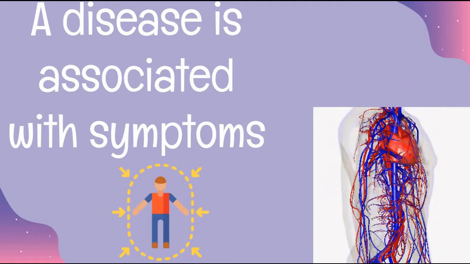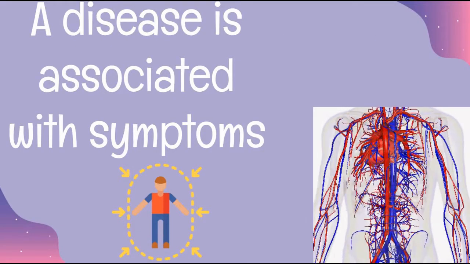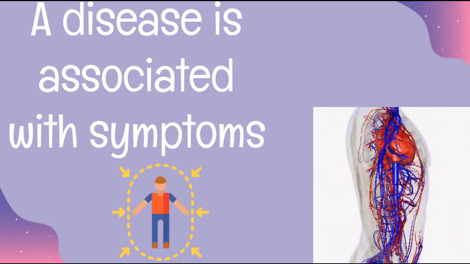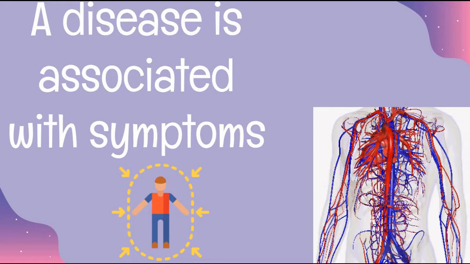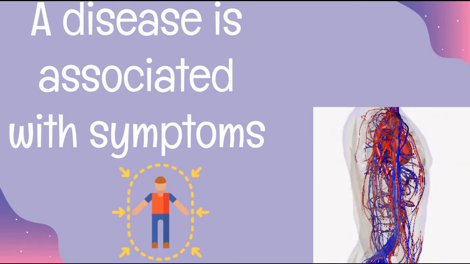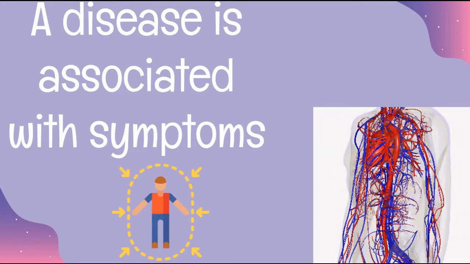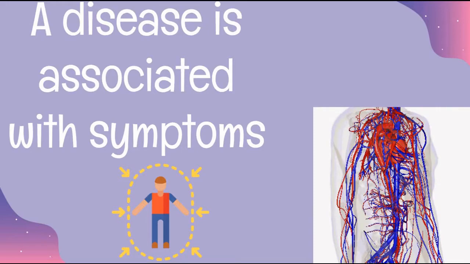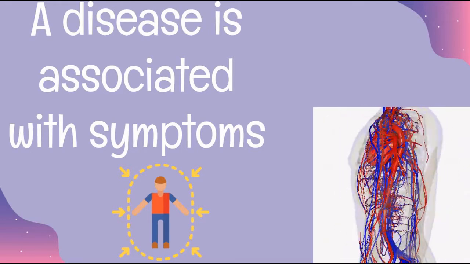In the same way, any disease is associated mainly with symptoms. There is something wrong in the body. In other words, our body shows certain indications with which we can assume that we may be suffering from a disease. Besides COVID-19, there are many other examples.